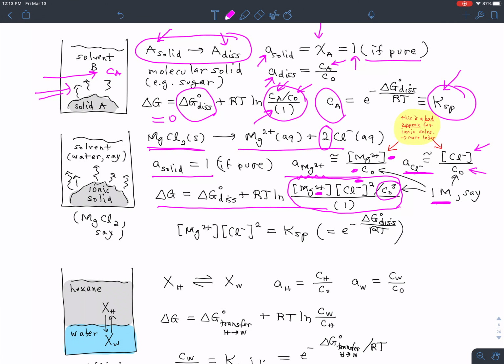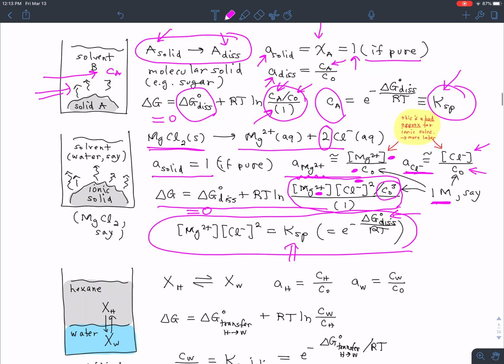And if you set this delta G expression equal to 0 and solve for the equilibrium expression, you get the KSP expression that you've all seen from freshman chemistry earlier, where now the equilibrium constant is related to the delta G for dissolving of the ionic solid in this case.